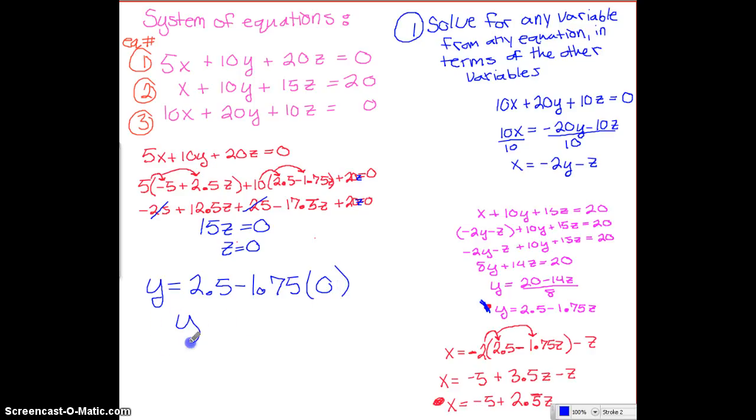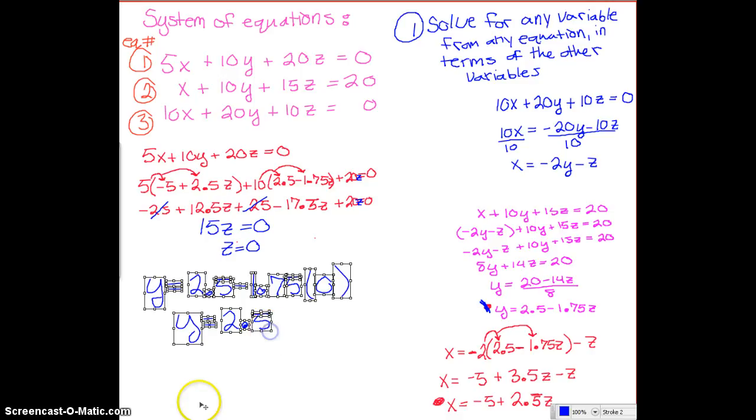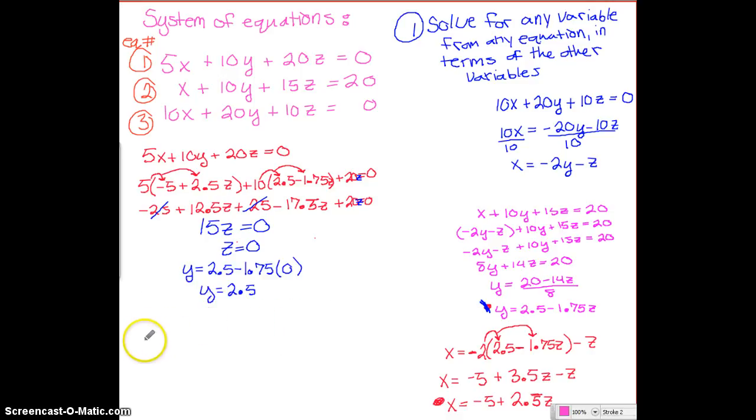So now we have y is equal to 2.5. We're going to do that same exact thing with the x. If we plug the z into x, we have x is equal to negative 5 plus 2.5z. And since z is equal to 0, we have x is equal to negative 5.